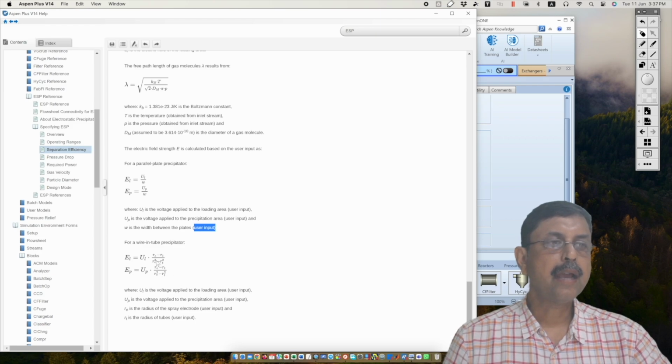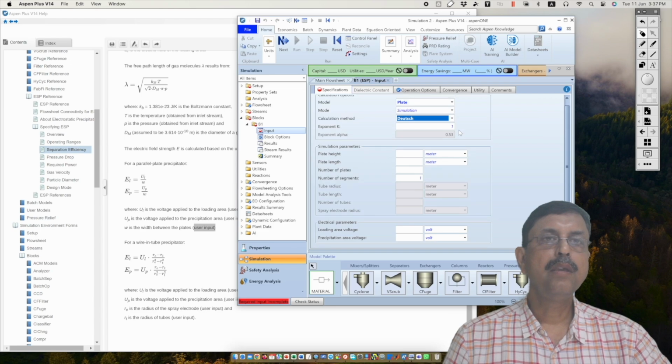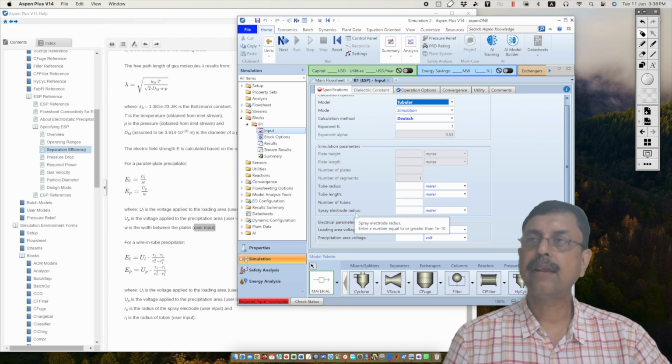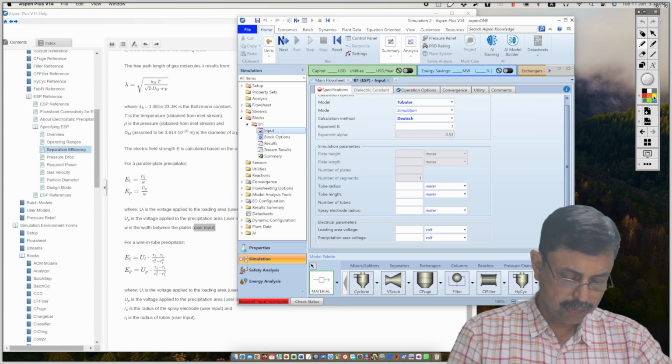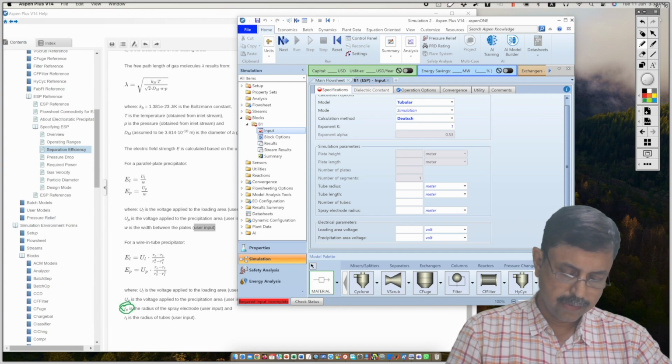Okay. And RE and RT are the radius of the spray electrode and the radius of the tube. Both of them you have to specify over here. Suppose you use the tubular type precipitator, then tube radius, tube length, number of tubes, and spray electrode radius. So this is RE. And RT is the radius of the tube.